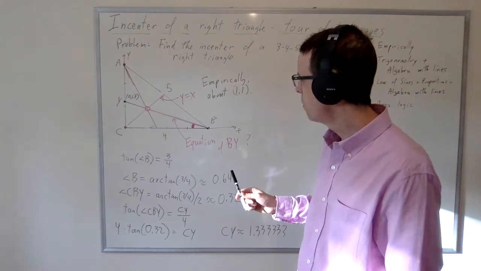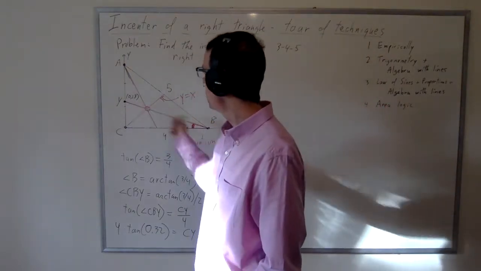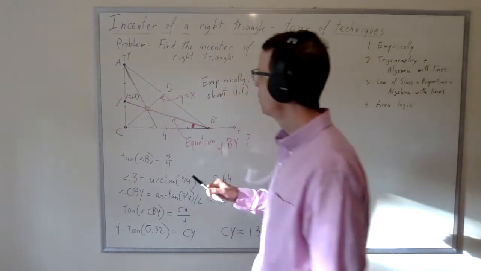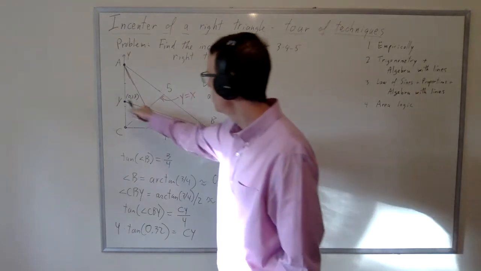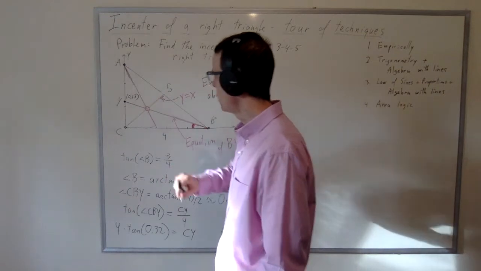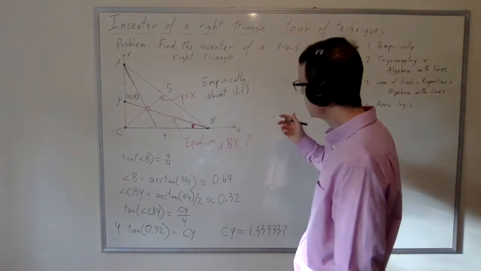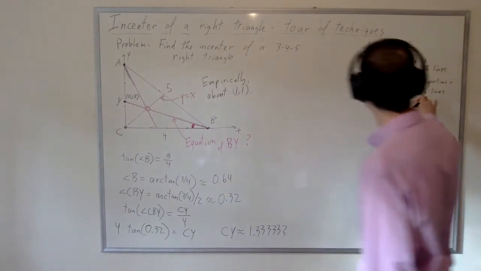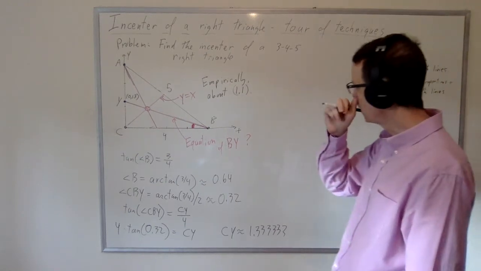All right, that gives us the coordinates of this, and on the basis of that, we can find the slope of this line, and then find the equation of the line, and then find where it intersects that. So let me illustrate that, because we're going to need that in both of these situations.